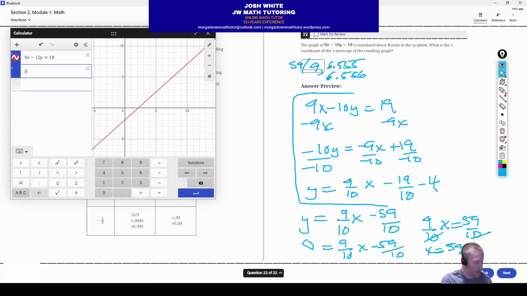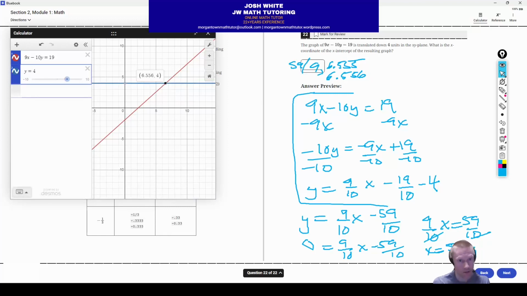So if you just graph y equals 4 and you see where they intersect, this is the point that when you shift it down 4 units, it's going to be an x-intercept because the 4 for the y coordinate is going to shift down and become 0. So this is how you could get the answer to this question entirely in Desmos without needing to rearrange the equation, and basically do any of the work with the fractions or anything.